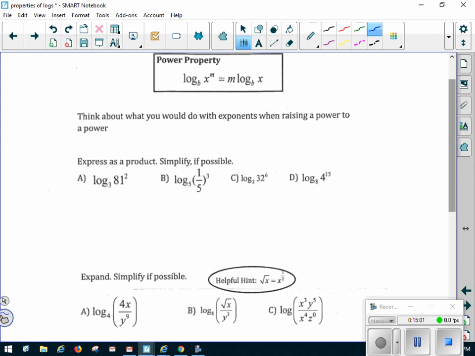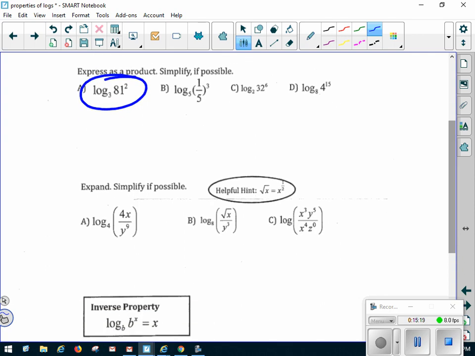I want you to type in your calculator that right there, just as it looks. What are you getting? 8. How in the world is that equal to 8? Now, I want to show you another technique that you can use. When you have an exponent in a logarithm, we're going to pull that exponent down as a coefficient, and we're going to write it like this.